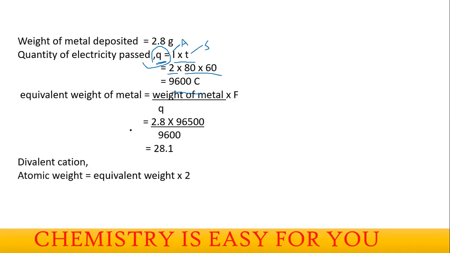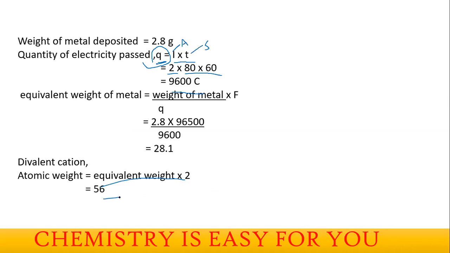Now the cation is a divalent cation. If it was a monovalent cation, the equivalent weight and atomic weight would be the same. But since it is divalent, atomic weight will be equivalent weight into 2. So the answer would be 2 into 28.1, that is 56.2, or approximately 56.